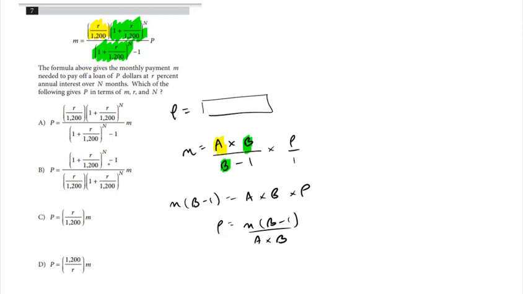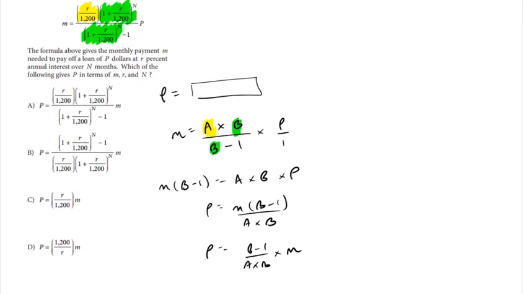I have a b minus 1 on the top, which I need. And then it's got this m to the side here, which is another way of writing times m. So there's an implied multiplication symbol there. So the answer is b.